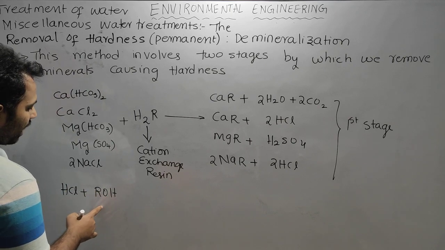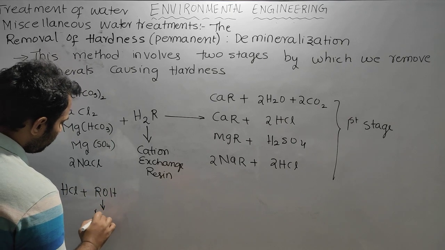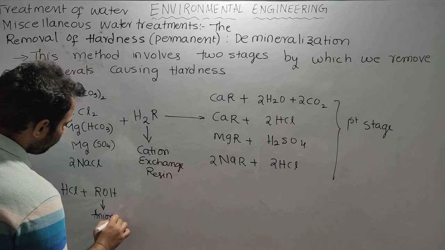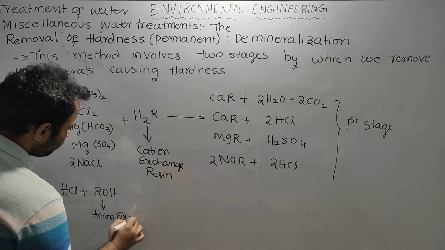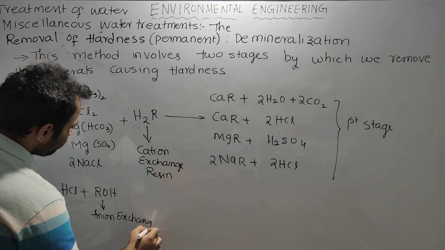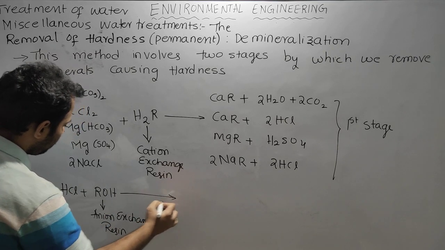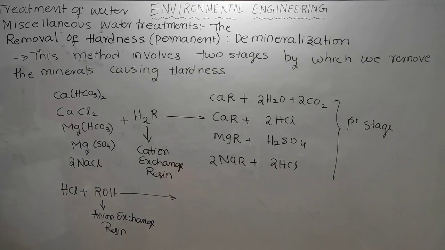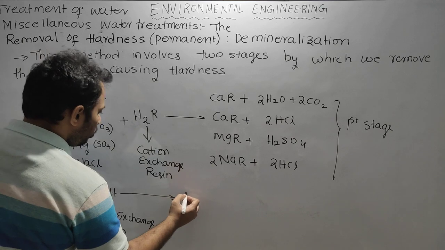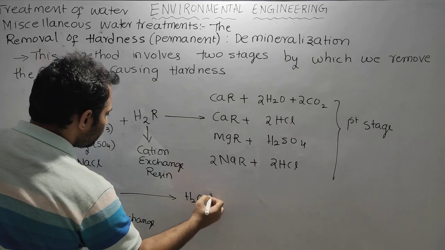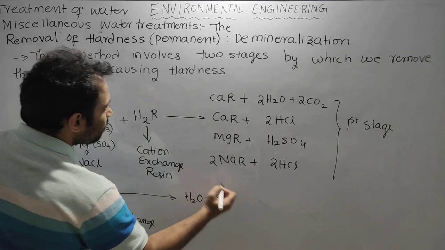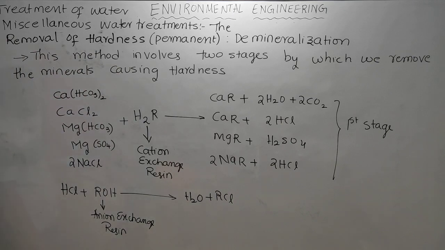This anion exchange resin will remove anions like Cl minus, and it forms H2O plus RCl.